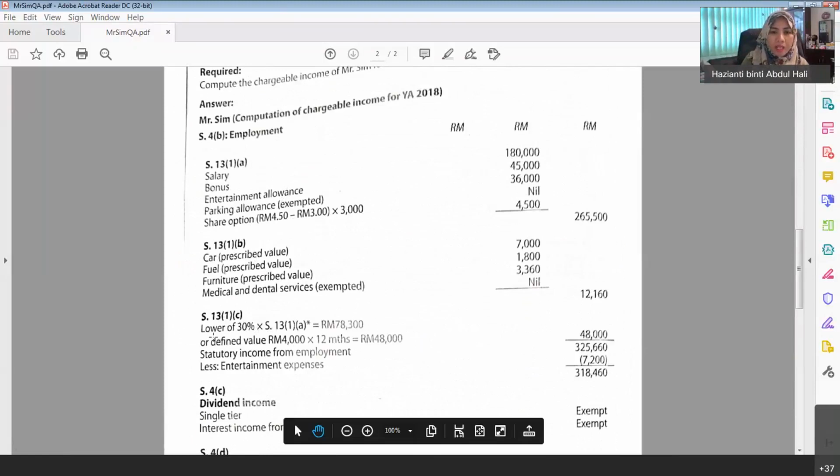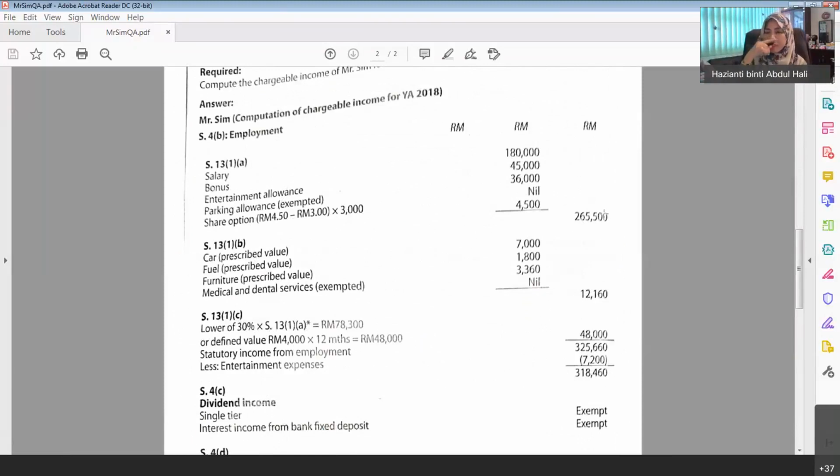All right, let's look at the housing. So the lower of 30% of section 13(1)(a), it should be 30% from this one. But in this question, the rest of the questions that we did before, if you look at the solutions, we take 30% from this figure. All right, but for this question, we have a share option.